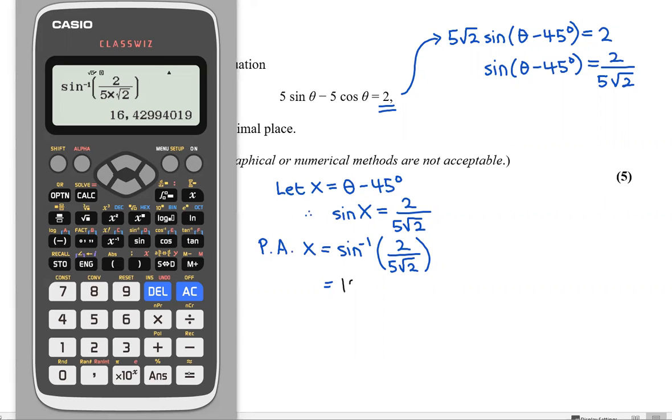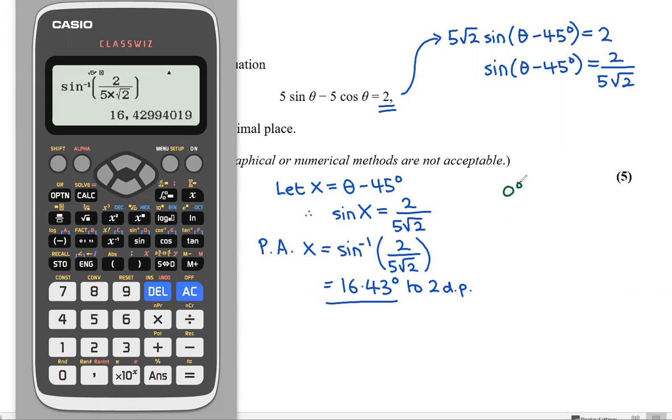So that's 16.43 degrees to 2 decimal places. Okay, that's our principal angle. We're working in the interval from 0 to 360. So we might have to make a little adjustment to our interval here.